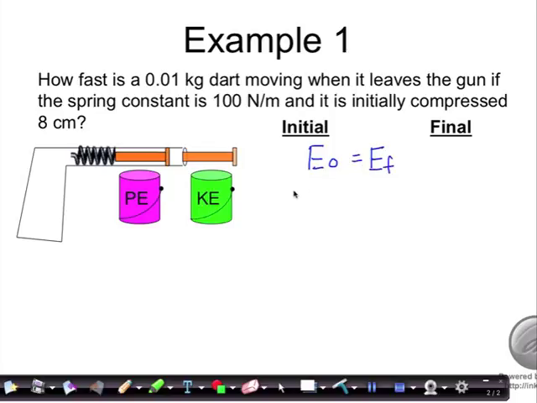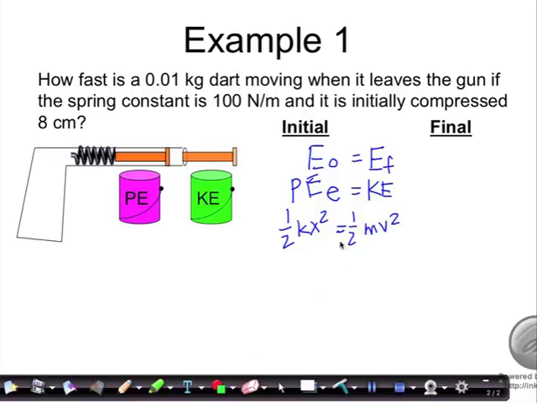We have potential energy initial, specifically elastic potential energy. And at the end, we have kinetic energy. Our equations for both of these are as follows: 1/2 kx squared equals 1/2 mv squared.